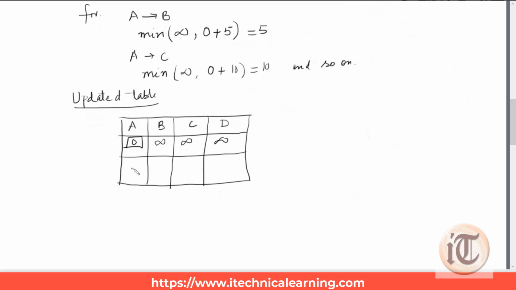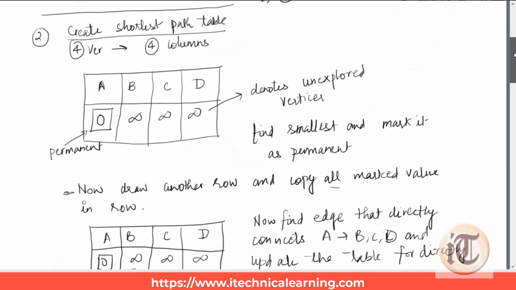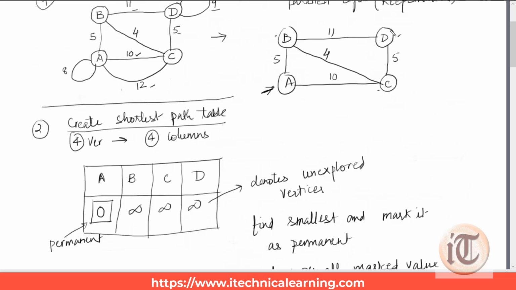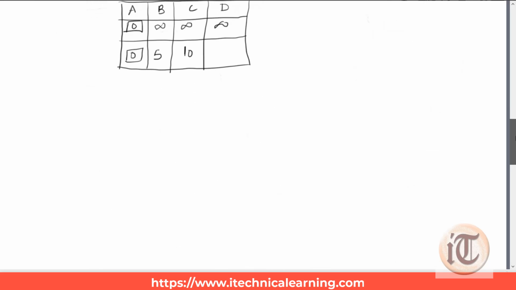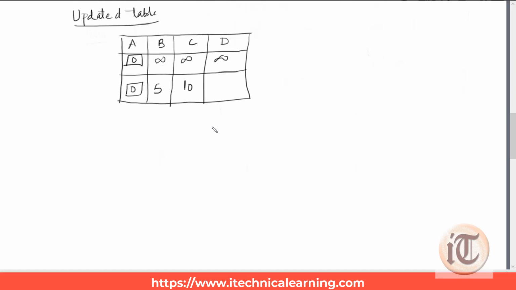In the next step we copied the value 0 and calculated the values for A to B, so the new value of A to B is 5, and the new value of A to C is 10. Now what should be the value of A to D? We cannot calculate it here because in the graph A to D does not have any direct connecting edge. So the value here will remain infinity.